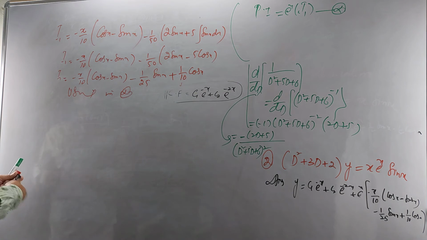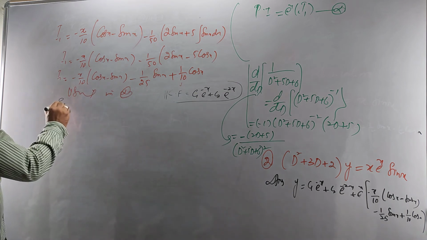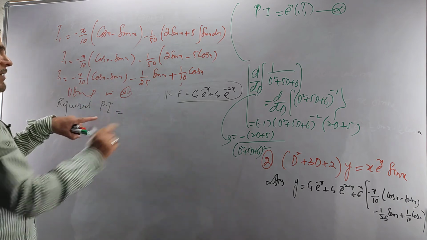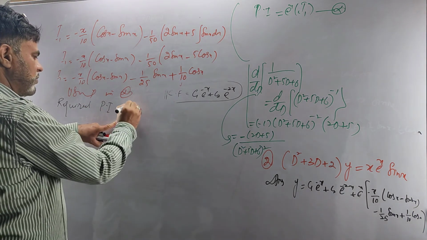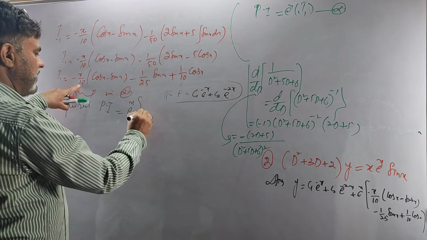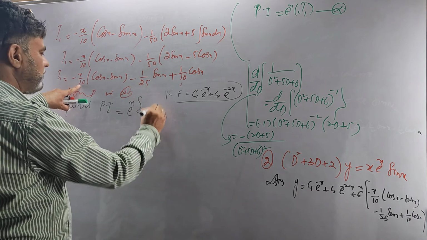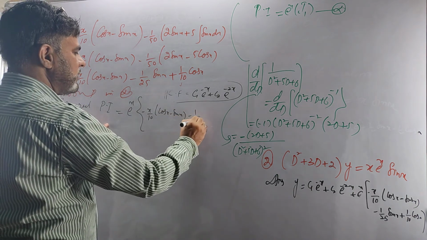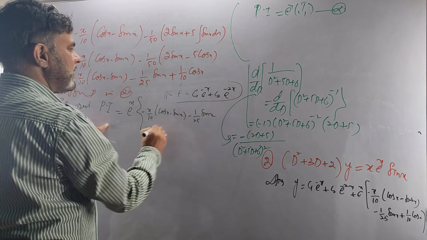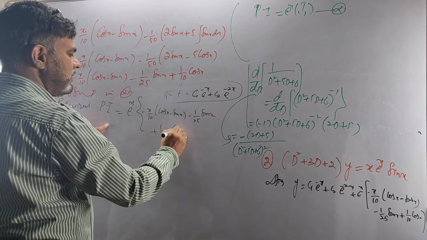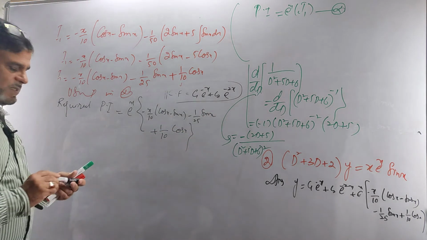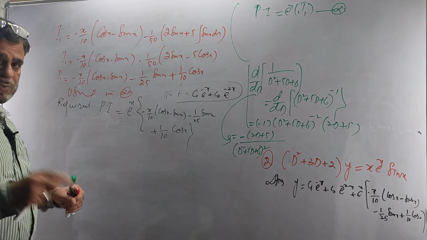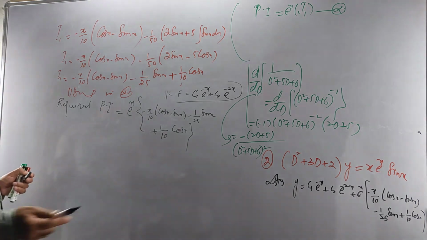So required particular integral, using in alpha, is e raised to power x times this: minus x by 10 cos x minus sin x, then minus 1 by 25 sin x plus 1 by 10 cos x. I think you have followed this. This was a bit of a typical question I have touched here, so that you are in a position to do other questions easily.